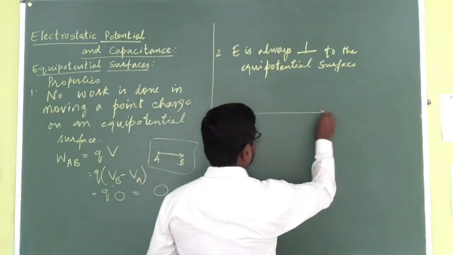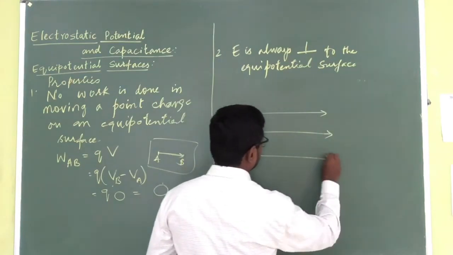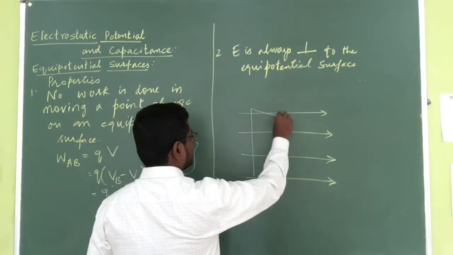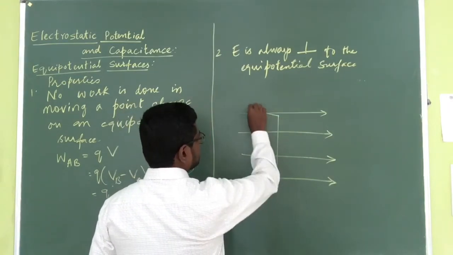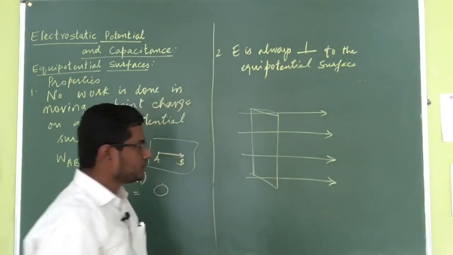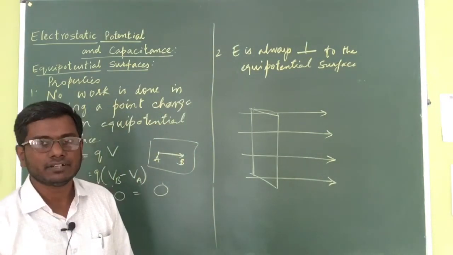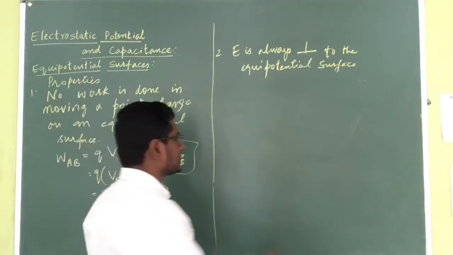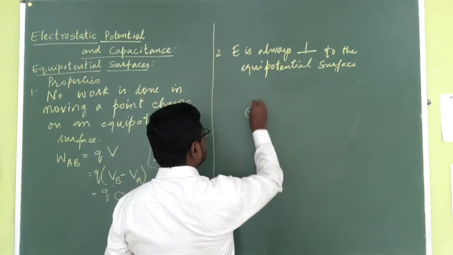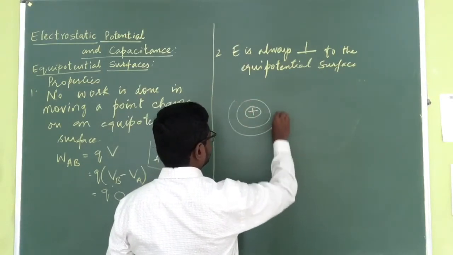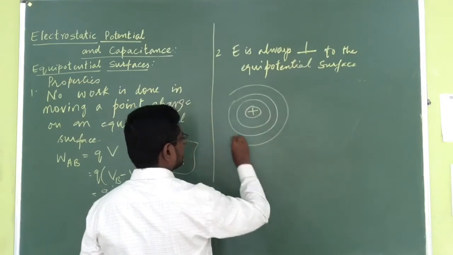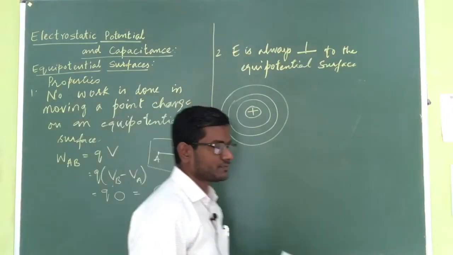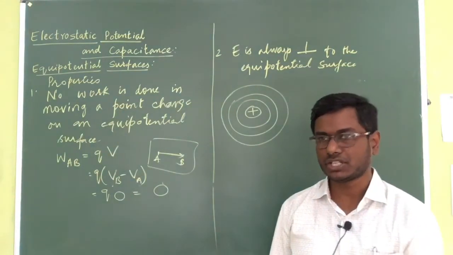If there are electric field lines passing through space, and I draw a surface perpendicular to those lines, then this surface will have the same potential all over. The equipotential surfaces of a single positive charge will be concentric circles. So these will be the equipotential surfaces for a single positive charge.